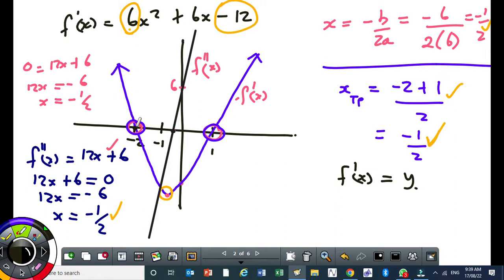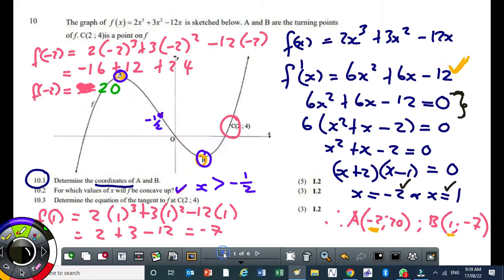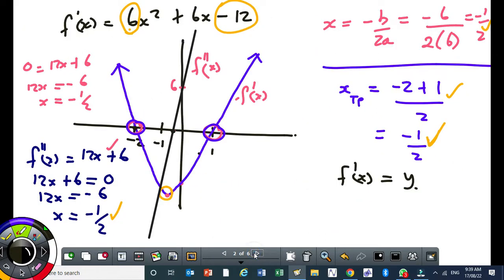Then, to the right of this point, y values are now negative. But those y values are also the gradient of the cubic function. Now check this. You go back to the graph, to the right of x equal to 2, you see that the graph is decreasing. So the gradient is negative. So this interval between A and B is equivalent to the interval between the x-intercepts.